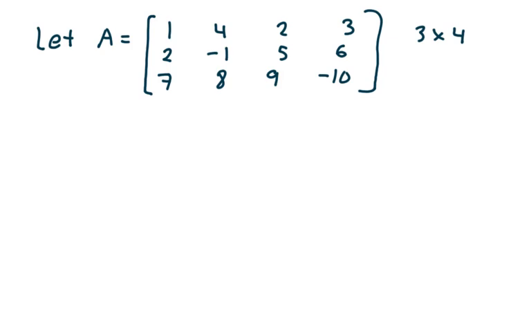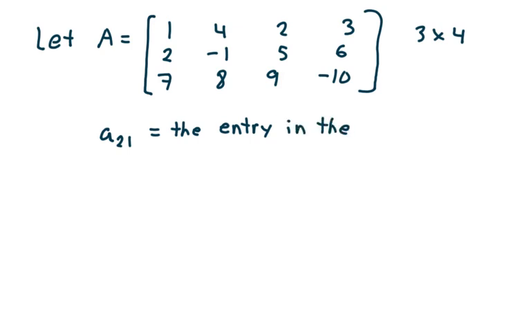Now, suppose I want to know the entry A21. That tells me to look for the entry in the second row, first column of matrix A. So this is the entry. Let's write that down.